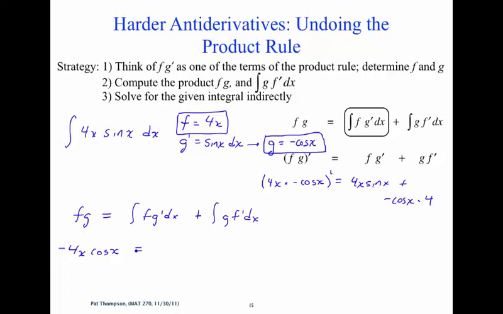And this is what we're solving for, so we'll just call it A, plus the integral of g f prime. g is negative cosine x, and that's what we just found over there. Negative 4 times cosine x. So what is our answer going to be? It's going to be that expression minus this one.